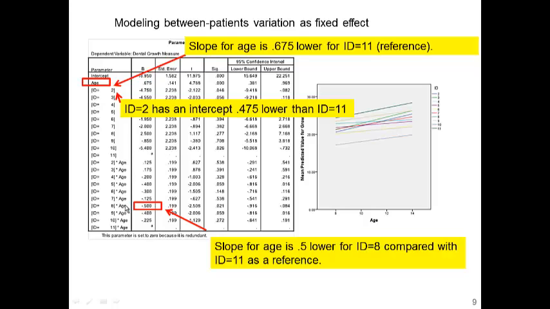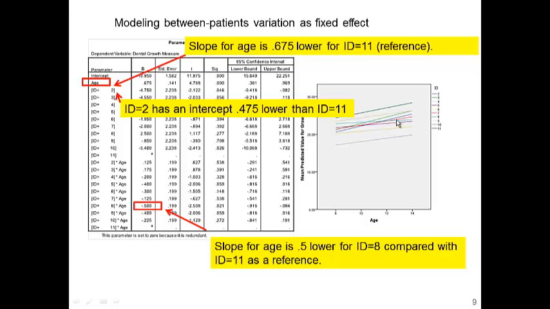And then by allowing the cross product term with age, we are fitting different slopes for different girls. So if you look at ID equal 2 times age, this is the slope for ID equal 2, this dark blue, comparing with this black line, which is ID number 11.